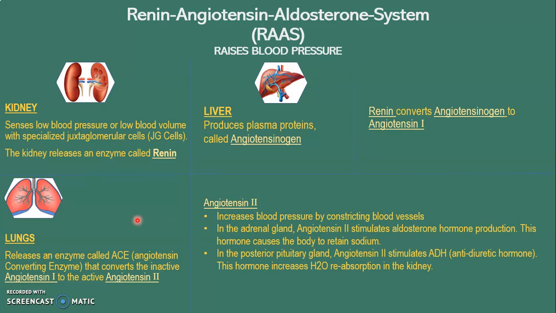So ACE inhibitors try to prevent the conversion of angiotensin 1 to the active angiotensin 2.